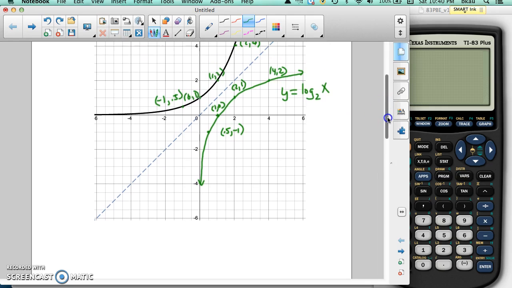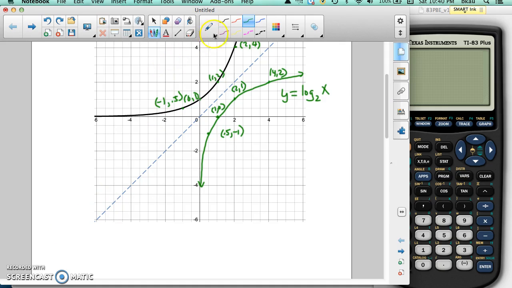So we started off with the graph y equals 2 to the x. If we want to make the inverse of this, we swap the x and the y value, so we get x equals 2 to the y value. So that's the inverse. But we don't write it that way.